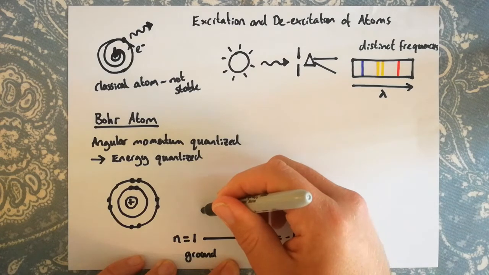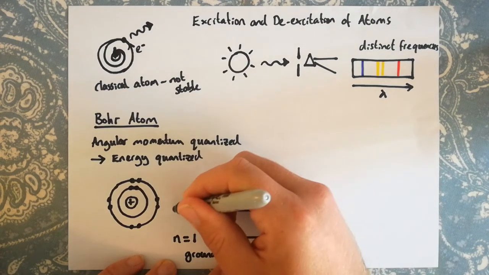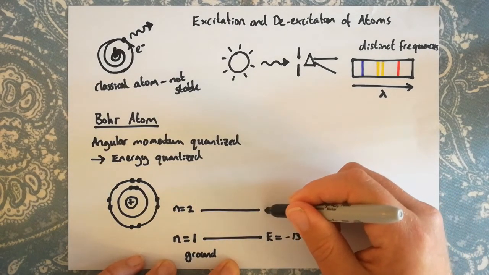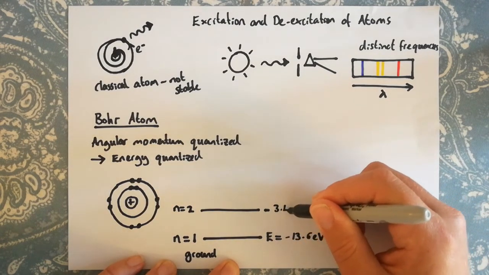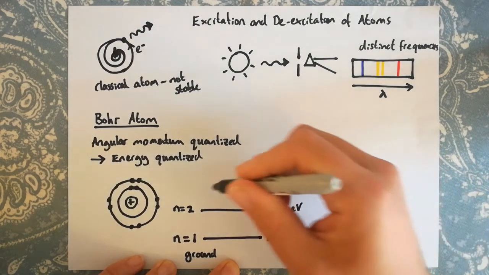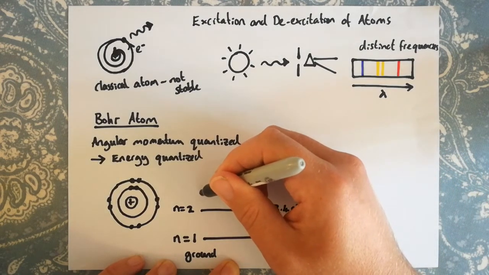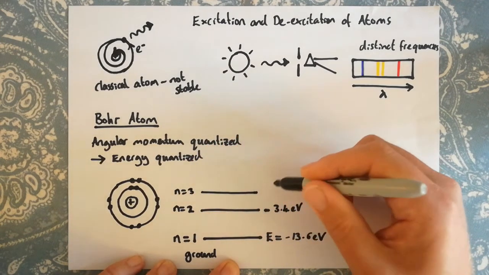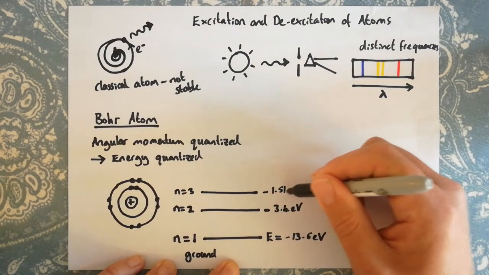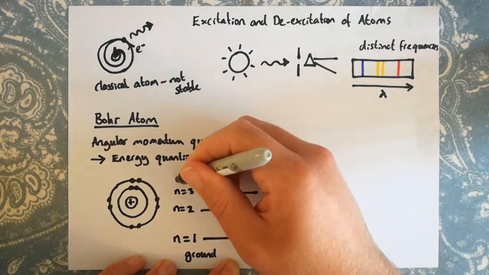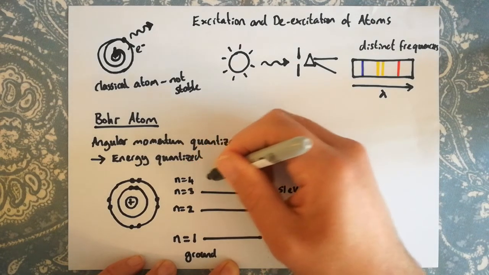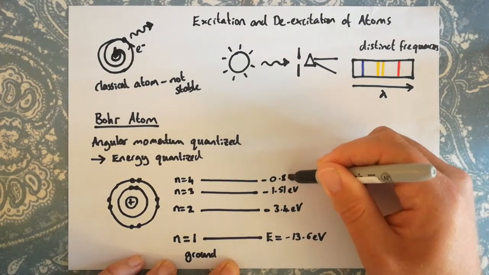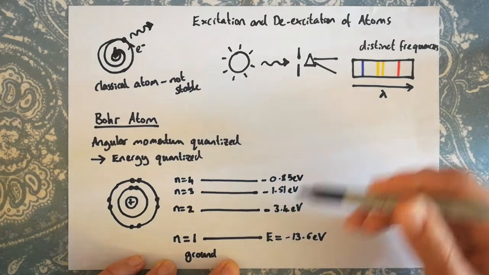The next highest energy state, so n equals 2, the energy there is minus 3.4 electron volts. And we can keep going. So n equals 3 would be minus 1.51 electron volts. N equals 4. And you'll notice that these energy levels are getting closer together as you go up.